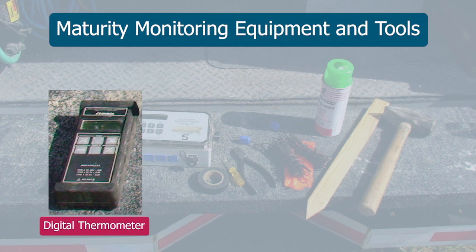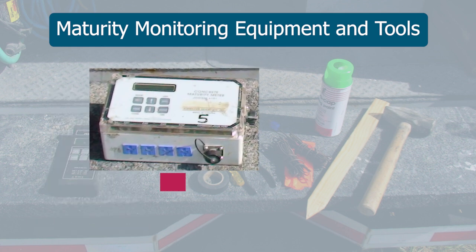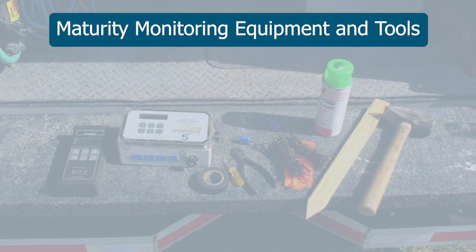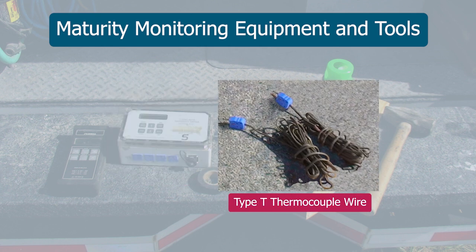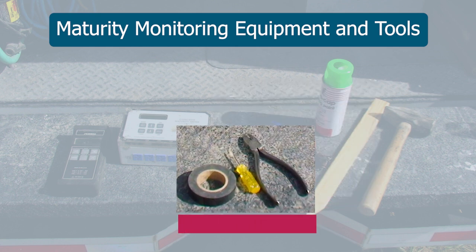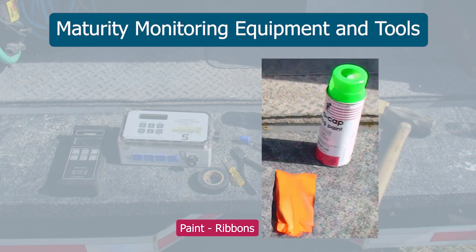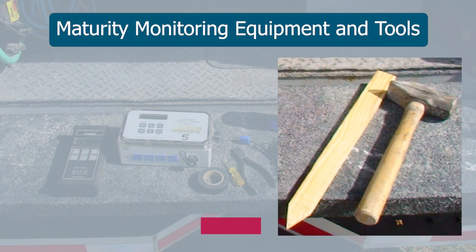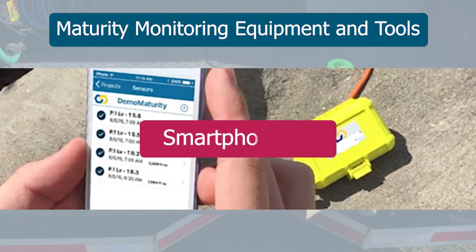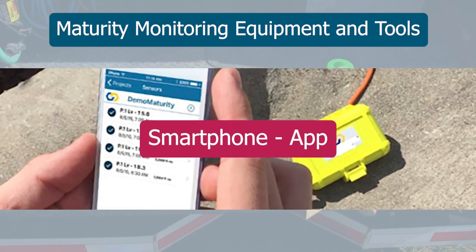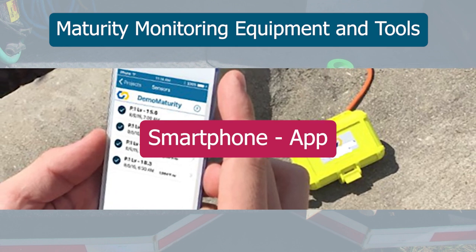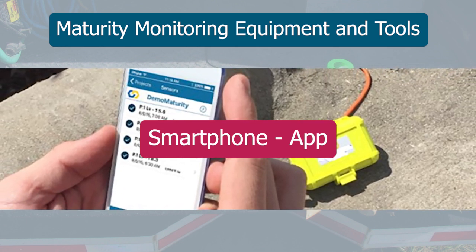A digital thermometer, maturity meter, Type T thermocouple wire with Type T mini connectors, and tools such as tape, a screwdriver, wire snips, paint, ribbons, a stake, and a hammer. Some maturity systems can wirelessly transmit real-time data and require a smartphone with the associated app for this feature.